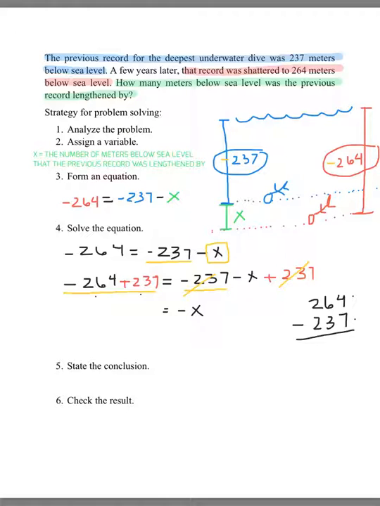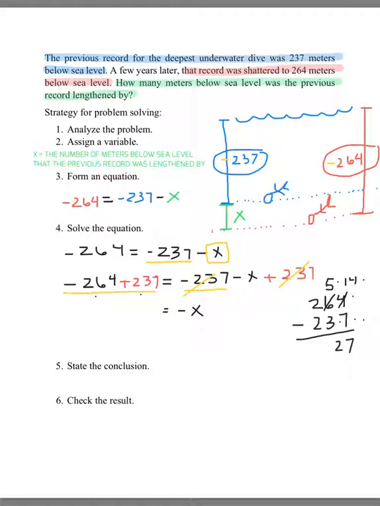We can't do that, so we have to borrow from the 6 next door, which now becomes a 5, and therefore our 4 becomes a 14. So now we do 14 minus 7, which leaves us with a 7. Doing 5 minus 3 gives us a 2. And 2 minus 2 gives us a 0, so we're left with just 27.